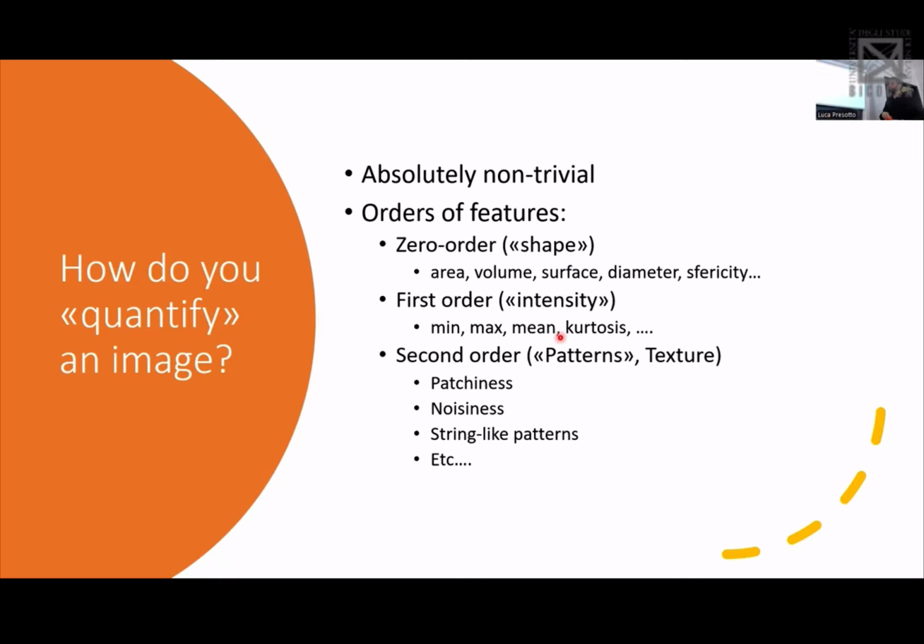Then you have the most important part, but most difficult to put into practice, which is the so-called second order features, which are patterns and textures, which describe facts like, we say, the ground glass appearance, something can appear patchy, noisy, stringy, blobby, or whatever.